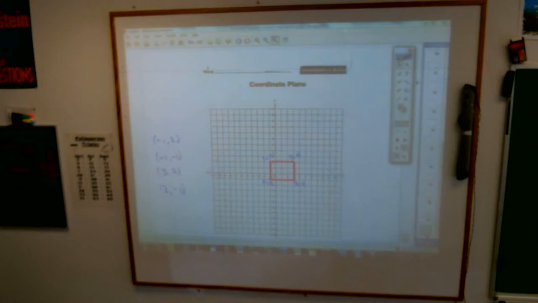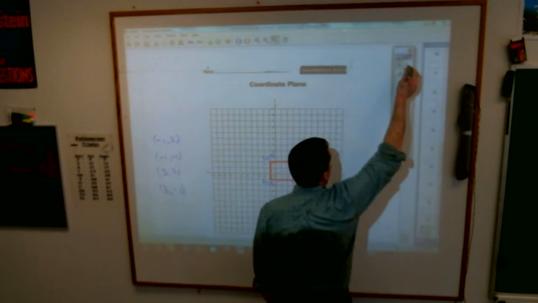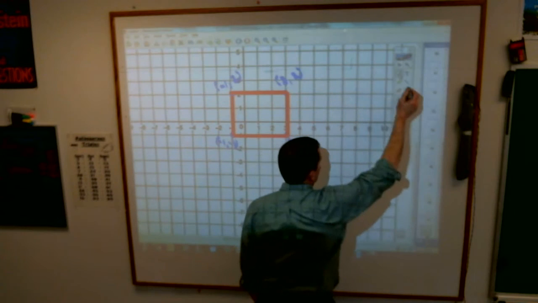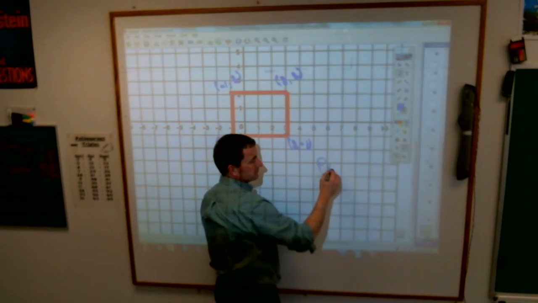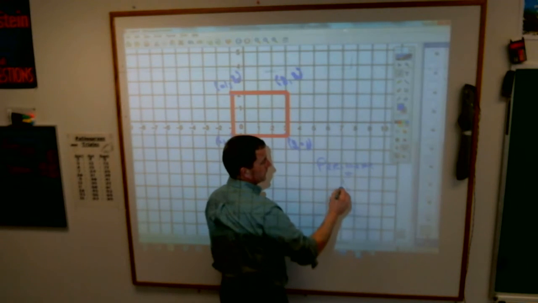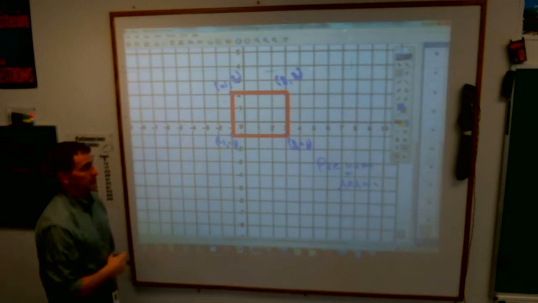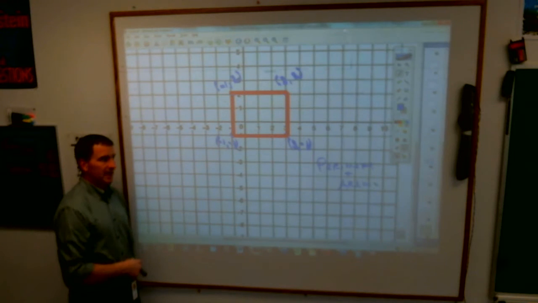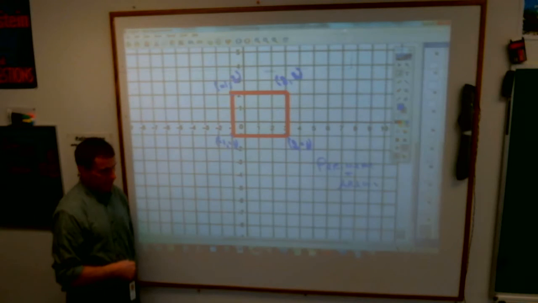Now, what they will also do, and people struggle with this, so we will talk about this before I give you your assignment here. They're going to give you those coordinates, and they are going to ask you to give both the perimeter and the area of those rectangles. Please understand this, when you're counting how many units something is on a side, do not count the little hash marks, count the little spaces.